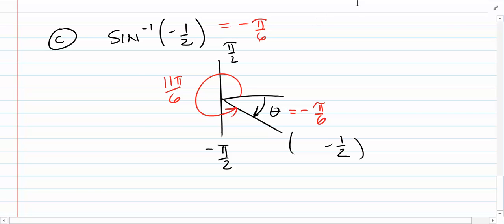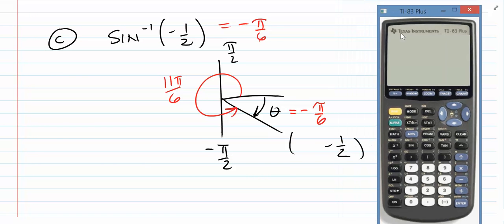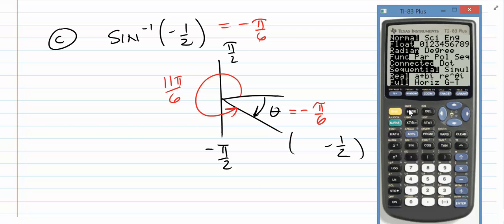Okay? All right, take your calculators out. I want to show you something. Clear anything that's on there. So here we go. We're going to do the inverse sine. Make sure you're in radian mode before you begin.